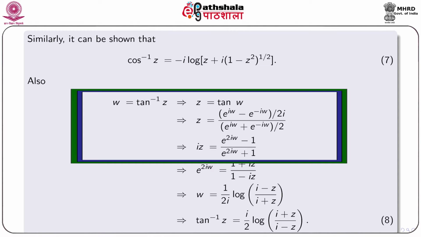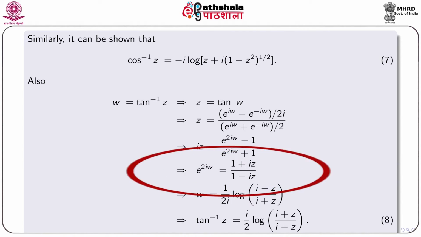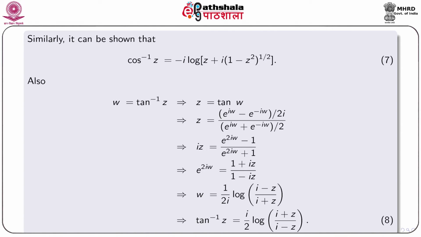Also, w equal to tan inverse z implies z equal to tan w. This implies z equal to ((e to the power iw minus e to the power minus iw) by 2i) by ((e to the power iw plus e to the power minus iw) by 2), which gives iz equal to (e to the power 2iw minus 1) by (e to the power 2iw plus 1), that is e to the power 2iw equal to (1 plus iz) by (1 minus iz).